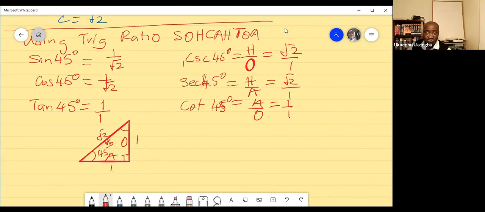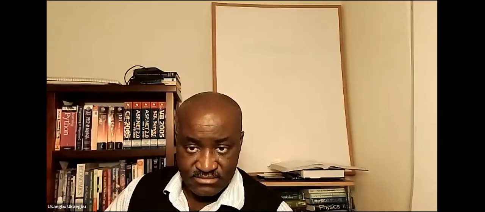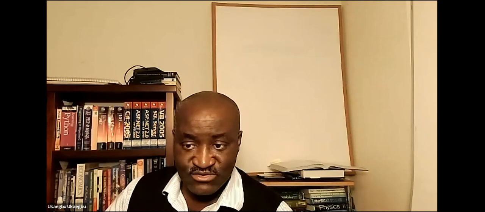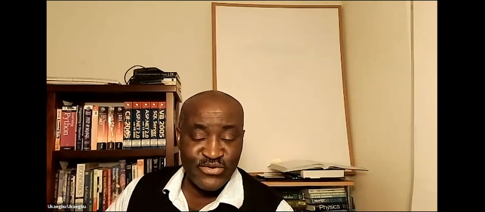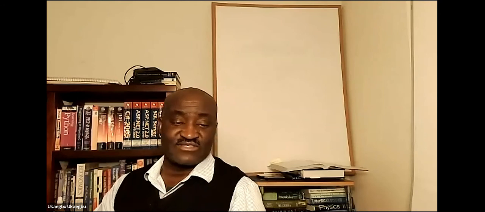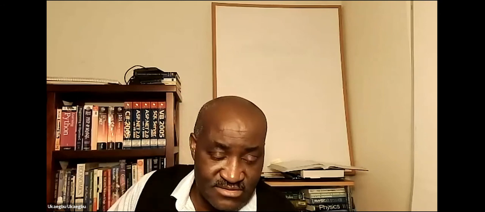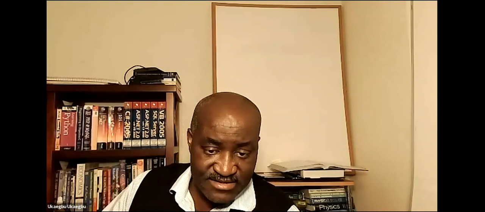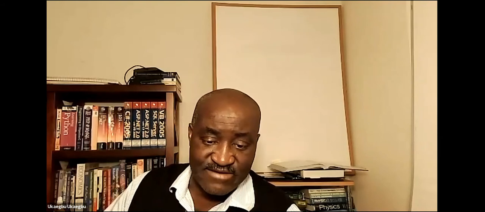So I'm going to share a new screen, and then I will pull out my calculator. Just use your calculator while I'm trying to pull out mine. Press sine 45 in your calculator, and let's know the result. Just press the key sine and 45 and close. Okay, give me one moment.